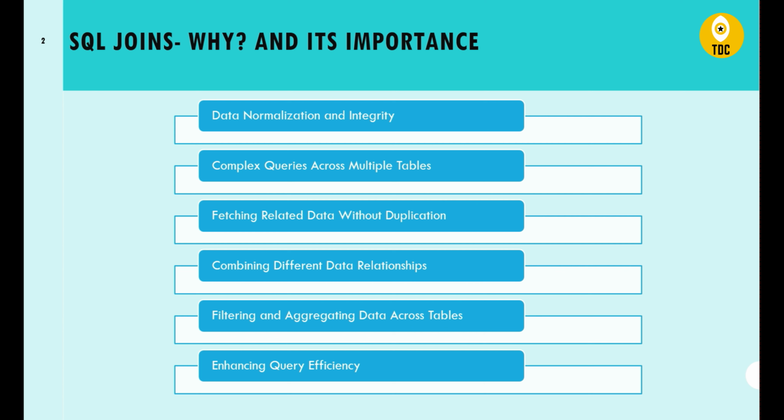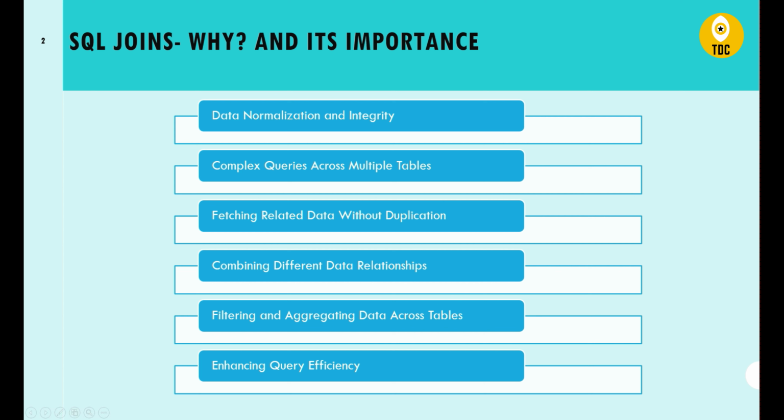So exactly one table is split into multiple tables by normalizing. That is called normalization. However, once the tables are split, if you want to get department details of a particular employee, definitely you need to join the employee table with the department table. So that is where joins are required, right?